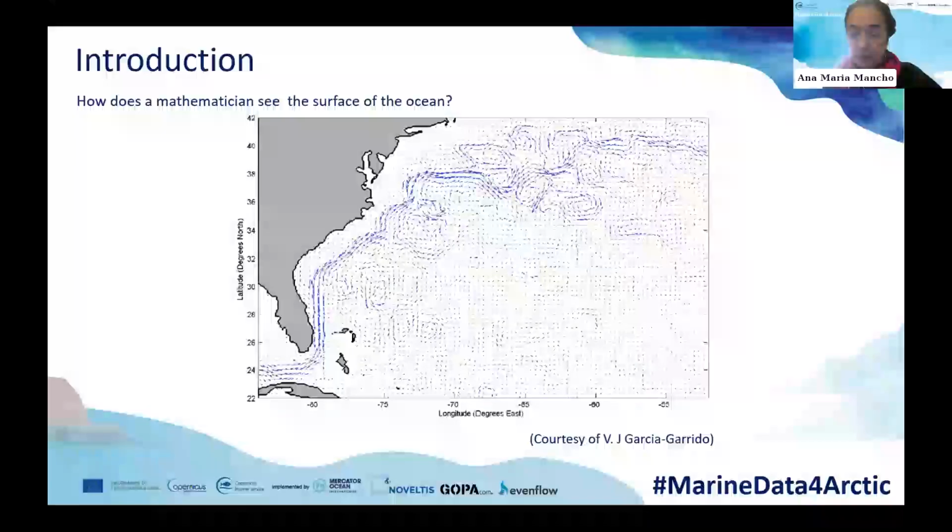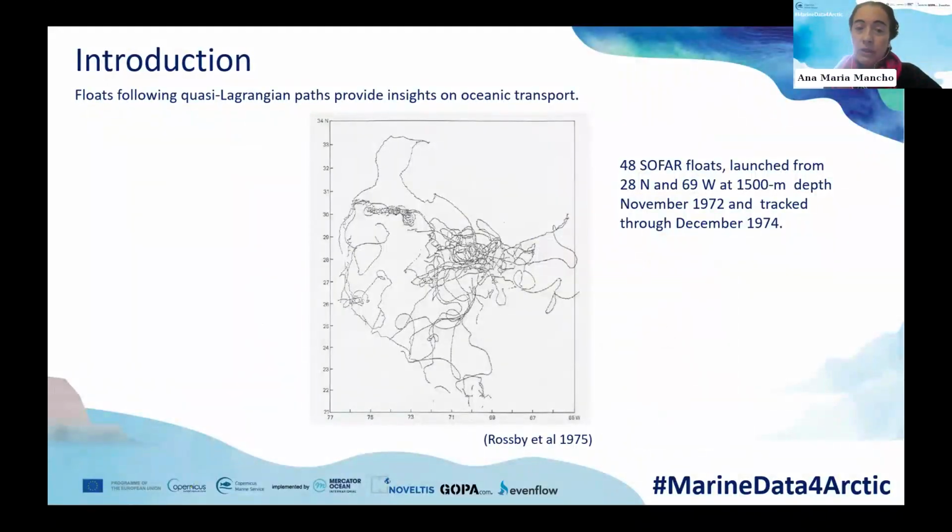To understand Lagrangian transport, oceanographers count with Lagrangian observations, Lagrangian datasets, as the one I am showing in this picture, where I am showing the paths followed by 48 quasi-Lagrangian floats that were released in the North Atlantic in 1972 and were tracked for almost 2 years.